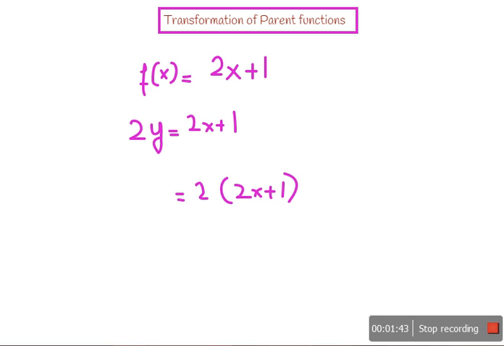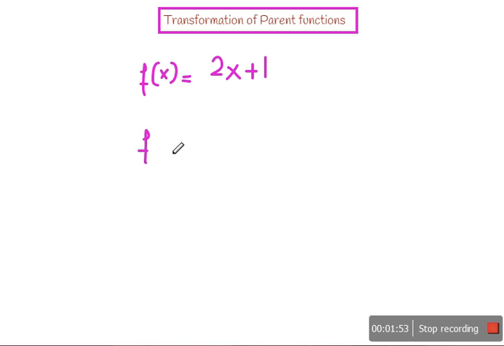Now let's say I am not doing it with y, I am doing something with x. What would I do? I'll do the operation on x only, and not on the whole function. If I do it with y, I'll have to do the operation with the whole function.